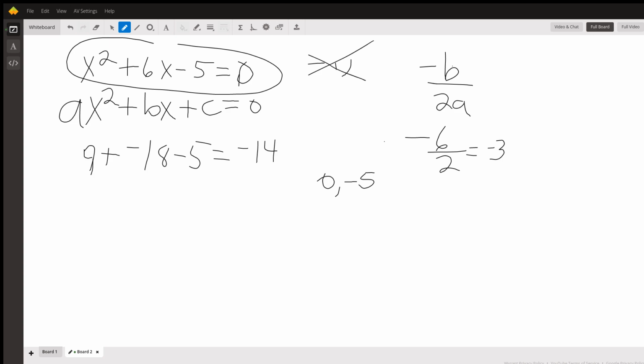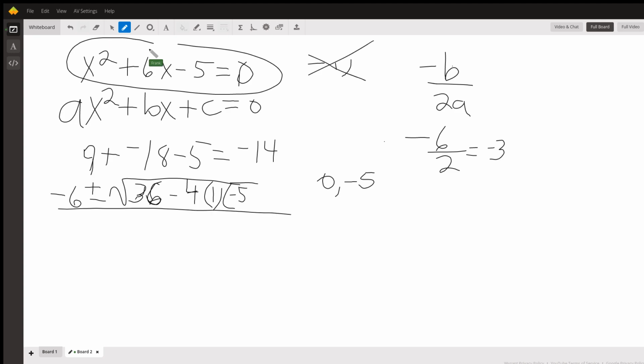Negative b is negative 6, plus or minus the square root of b squared, 6 squared, which is 36, minus 4 times a, which is 1, times c, which is minus 5, all over 2a. A is 1, 2 times 1 is 2.